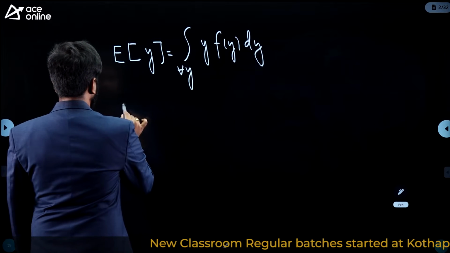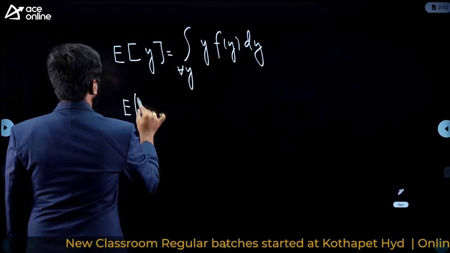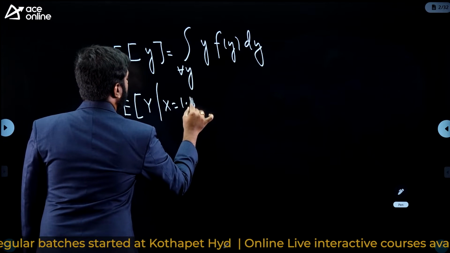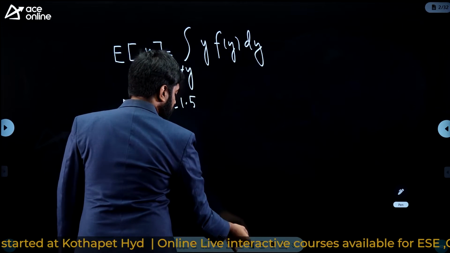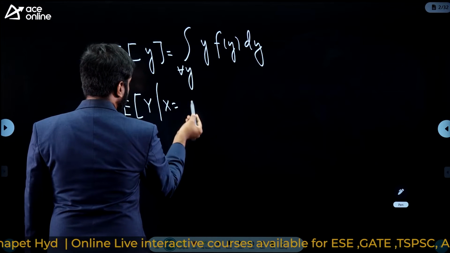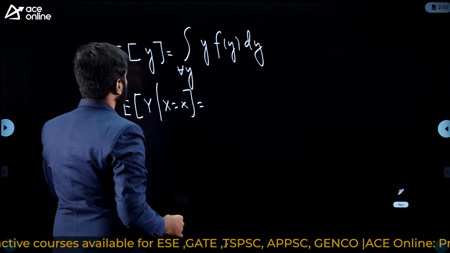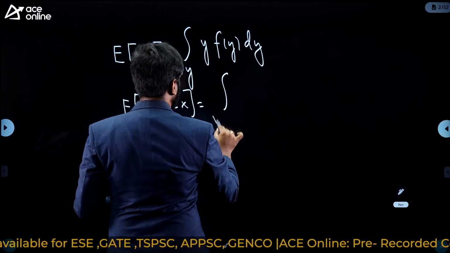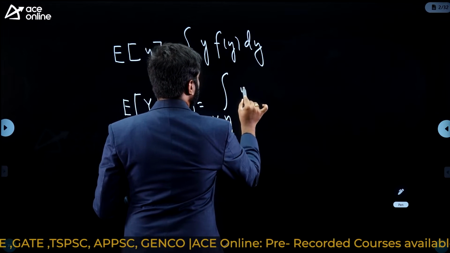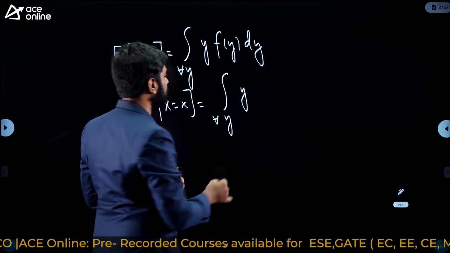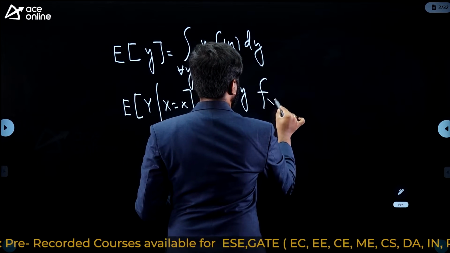But what is asked is the expected value of y for a given x equal to 1.5. So let us just write for a particular, let's say small x instead of 1.5. How do you find this? It is the expectation over all y, the integral of y into, now you will have something like this. So let's see what this is.